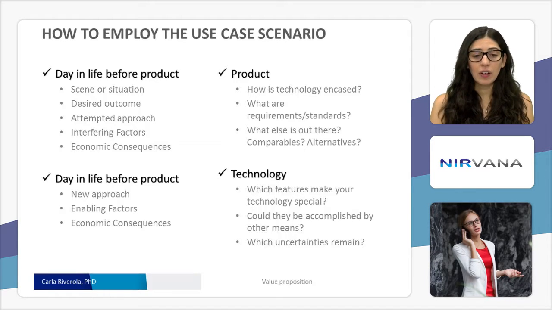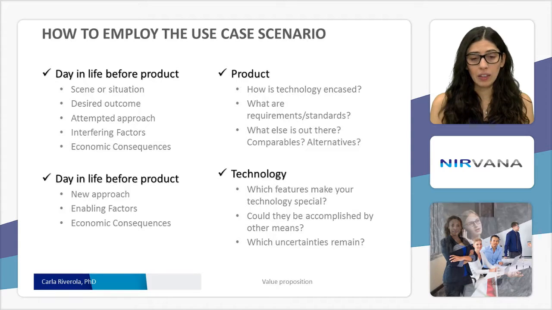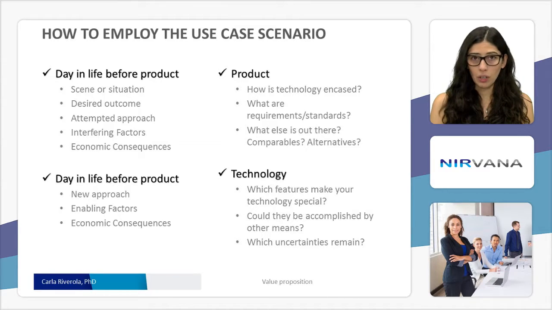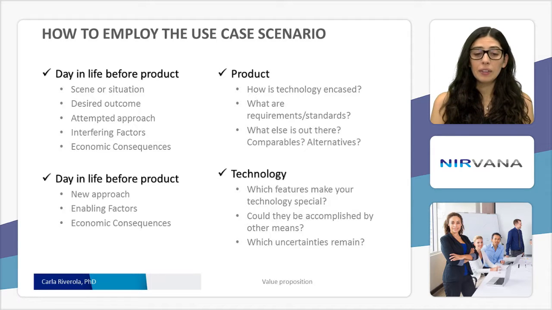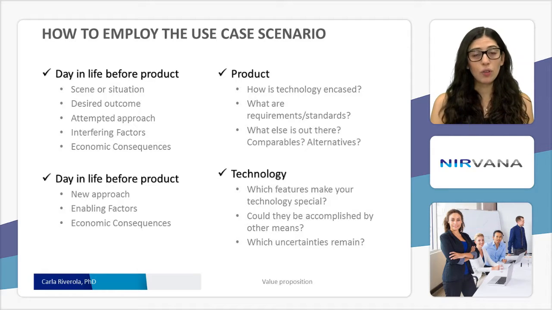Then you have to define what changes in their daily life when they have the product available. This means what is the new approach, what are the enabling factors, what are the economic consequences for those using it.